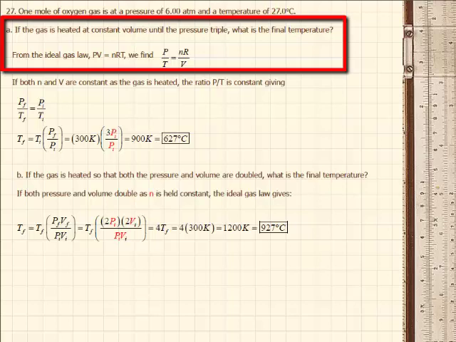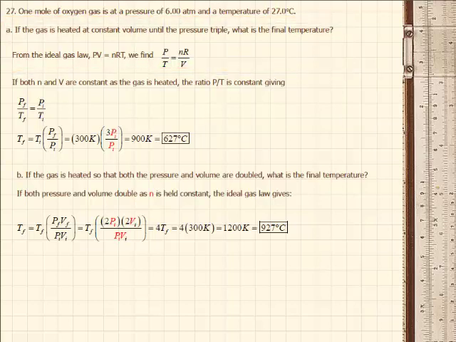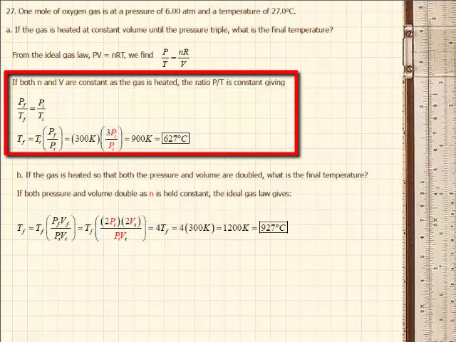Okay, so we go to our ideal gas law relationship. It says PV equals nRT, and as we move our terms around, we find pressure over temperature is equal to the constant nR divided by V. So if both n and V are constants, and that's what they told us in the problem, then as the gas is heated, the ratio of pressure to temperature will give us this relationship.